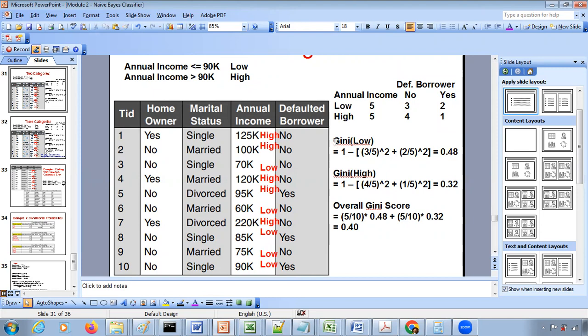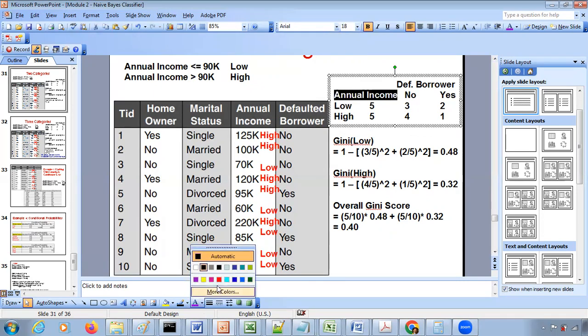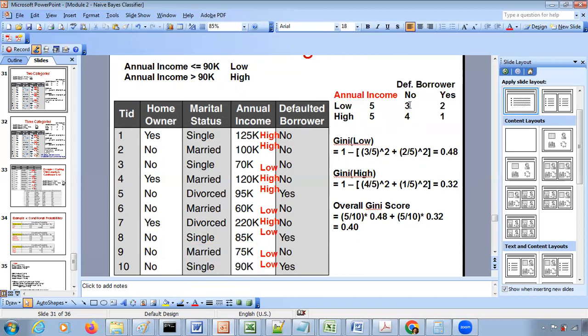For the Gini impurity index for annual income, since it's one feature, I just indicate the values of that feature. With low, it's going to be 3 over 5 belonging to class no and 2 over 5 belonging to class yes.